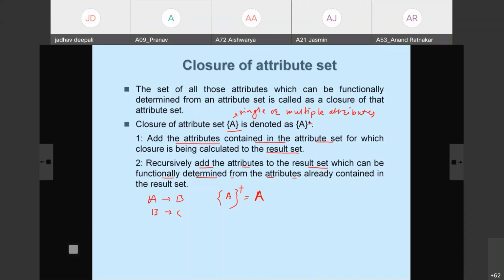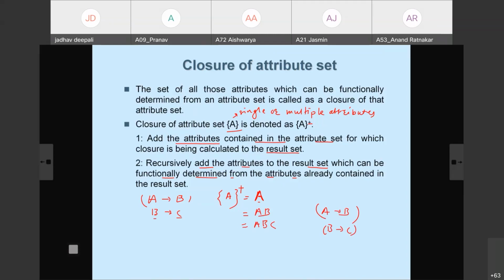B is determined from A, so considering A tends to B, we add B in the result. Now C is determined by B, which is already in the result, so from the given functional dependency B tends to C, C also comes into the result.